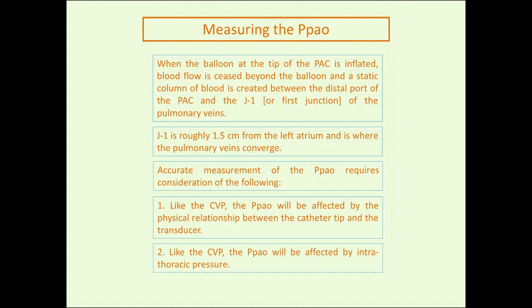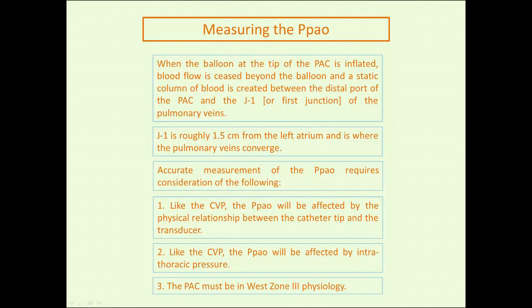Secondly, like the central venous pressure, the pulmonary artery occlusion pressure will be affected by intrathoracic pressure. It's somewhat different from the CVP, and I'll go through a slide next that will elaborate this. But certainly, this is probably the most common error of measurement of the pulmonary artery occlusion pressure, and that is not taking into consideration the effects of intrathoracic pressure.